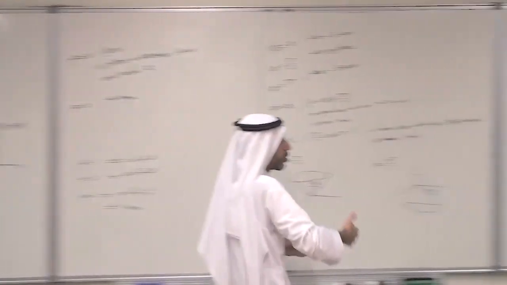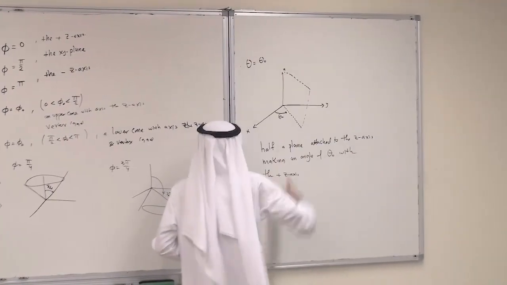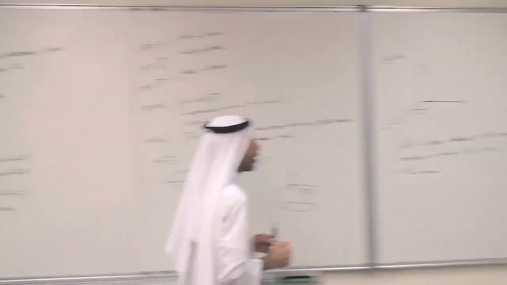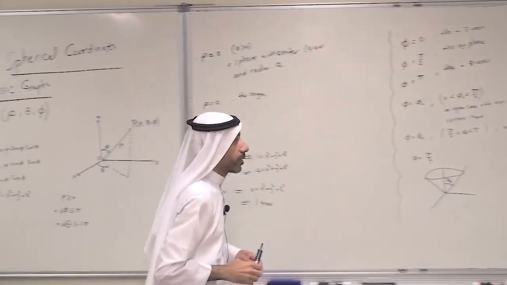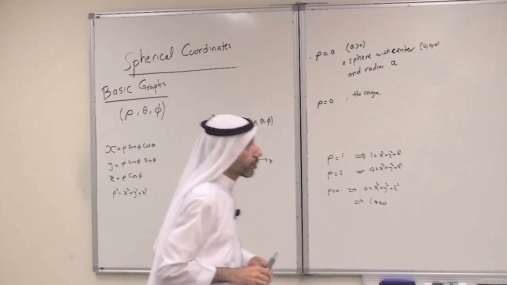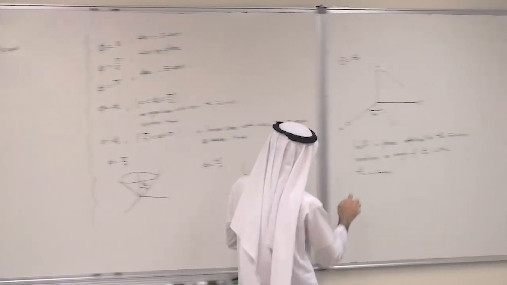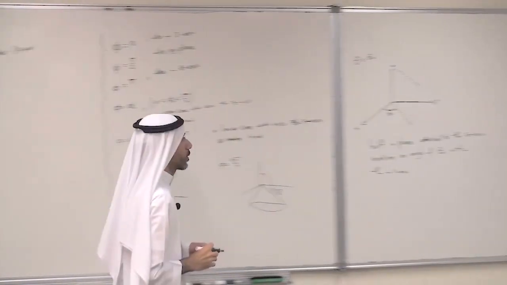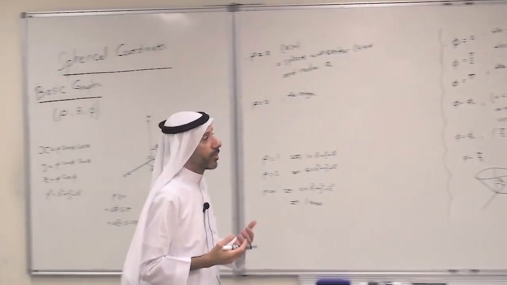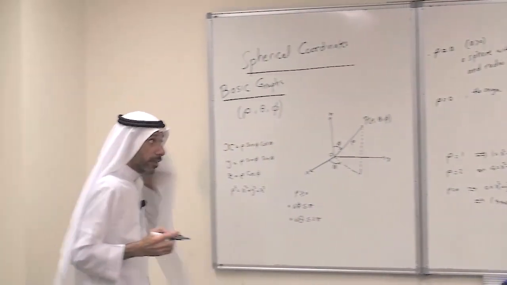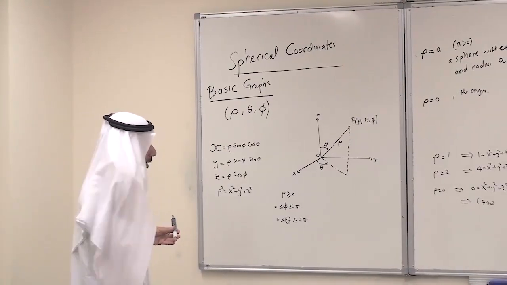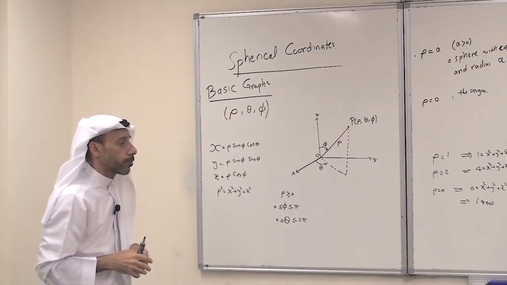And of course, it goes up and down along the full z-axis. So these are the basic graphs that we need really to do triple integration later on in spherical coordinates.